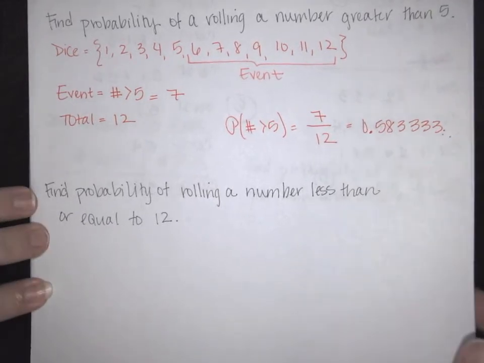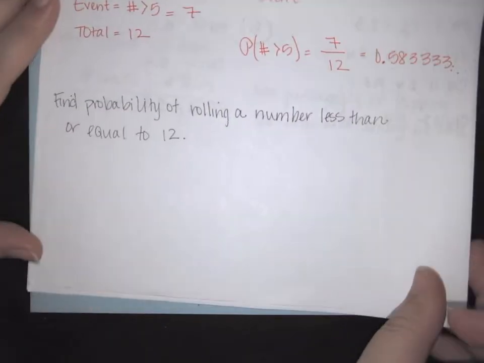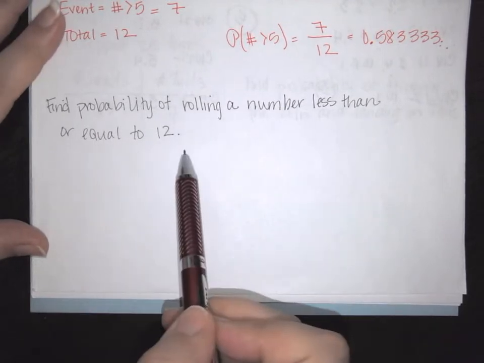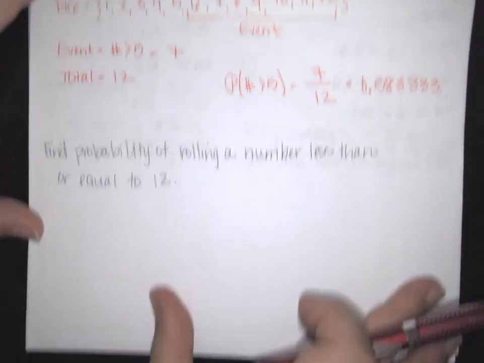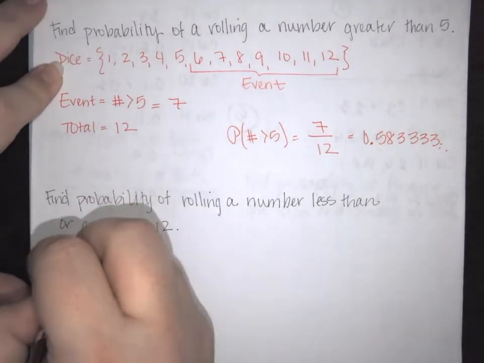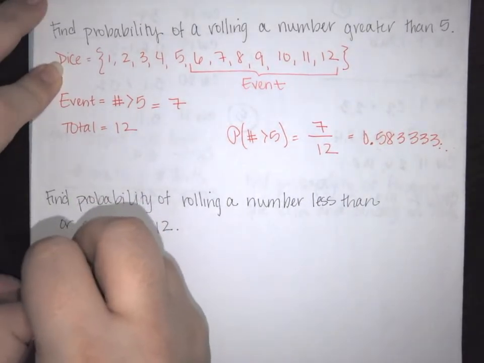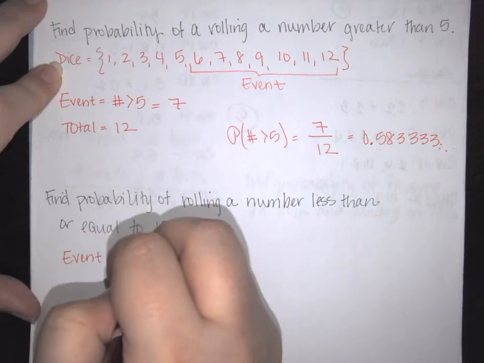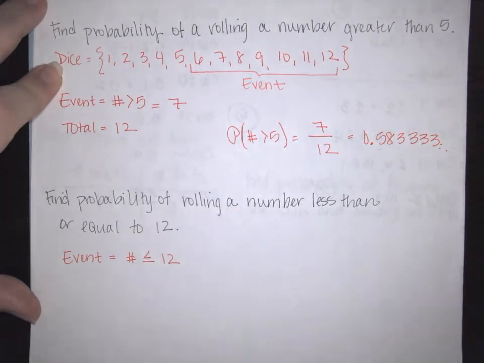Alright, let's look at one more. In this one, we've got the probability of rolling a number less than or equal to 12. So again, we're still using that same sample. In this case, my event is going to be that I want a number less than or equal to 12.